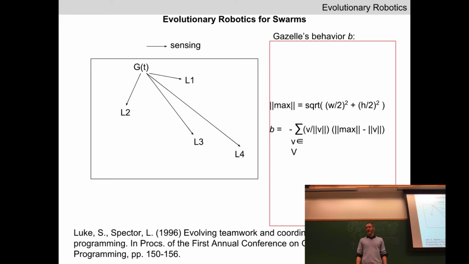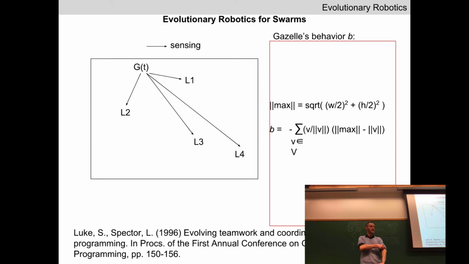You want to move farther away from the ones that are the closest. Exactly. So the vectors that have small magnitude represent lions that are close to the gazelle. So when you sum up these vectors, the resulting summed vector should be more influenced by the smaller vectors than the larger vectors. And then why do we invert the vector? Why take the negative?